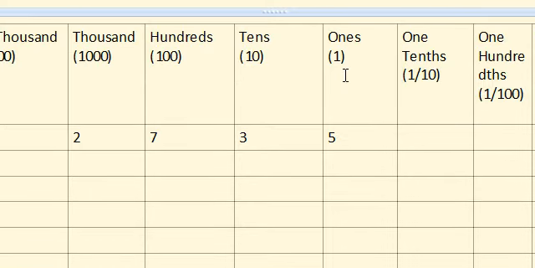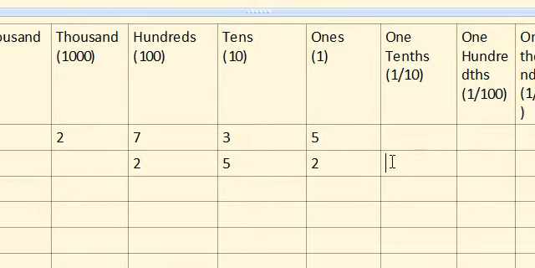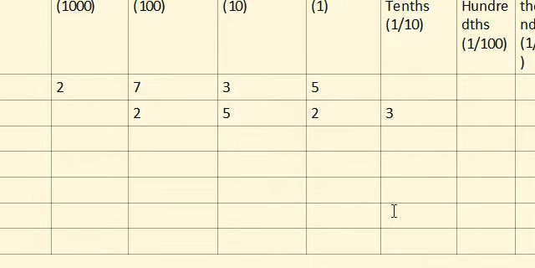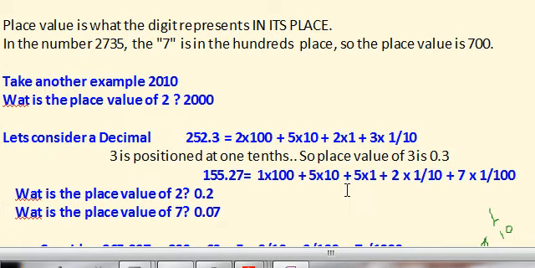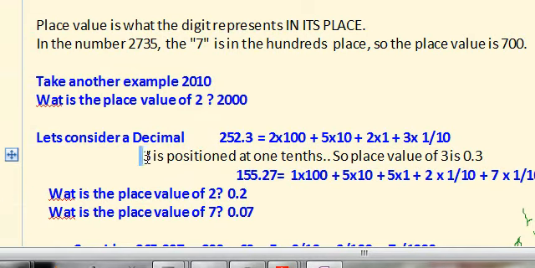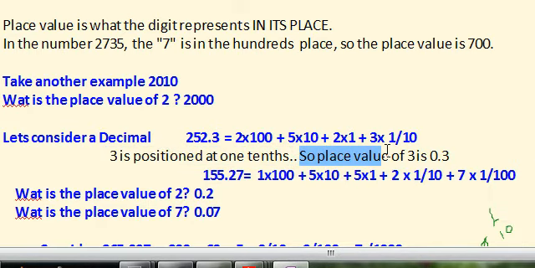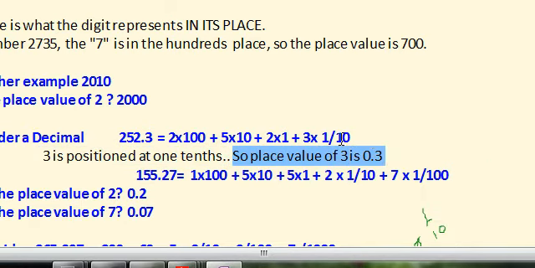So we will place the value in the chart. Ones place is 2, tens place is 5, hundreds place is 2, and in the 1/10ths place we have the digit 3. So 3 is positioned at 1/10ths, so place value of 3 is 0.3.